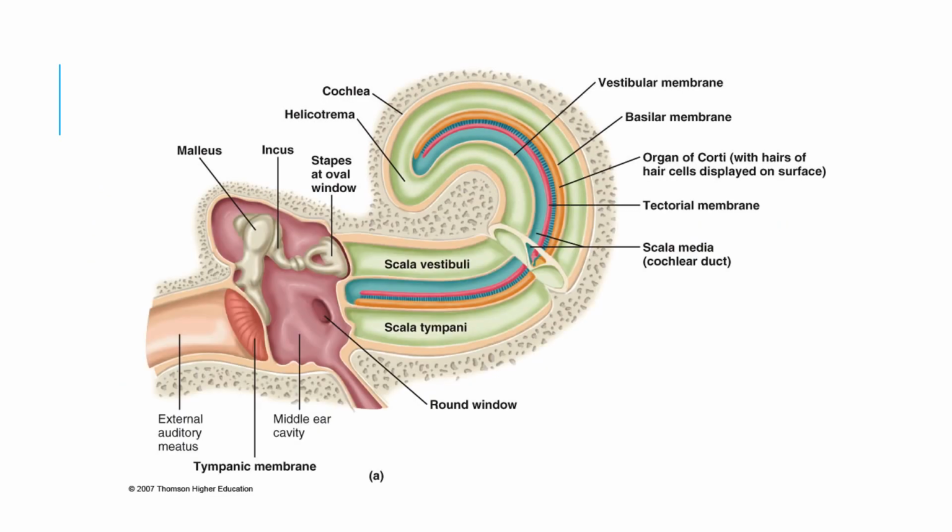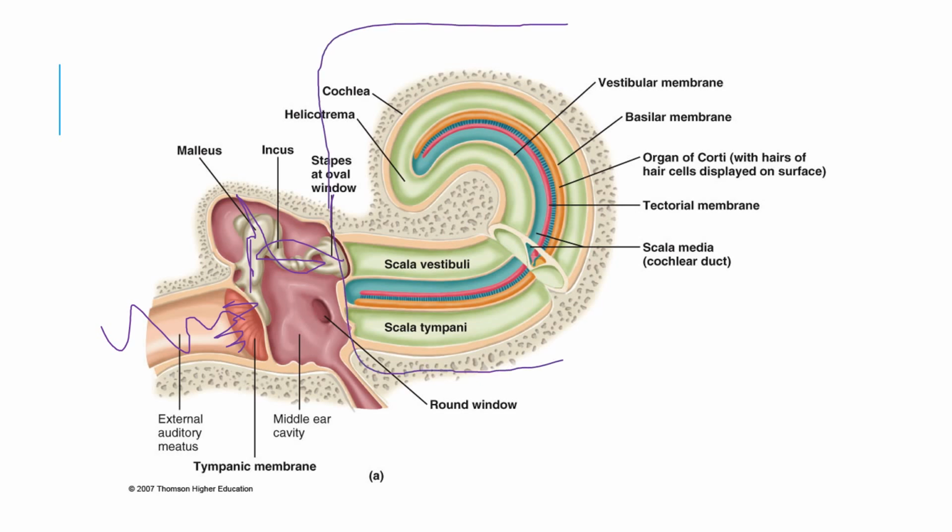So as sound waves travel through the external ear, they're going to start vibrating that tympanic membrane, which then will start vibrating these auditory ossicles and then start entering into the cochlea, which is what's represented here.